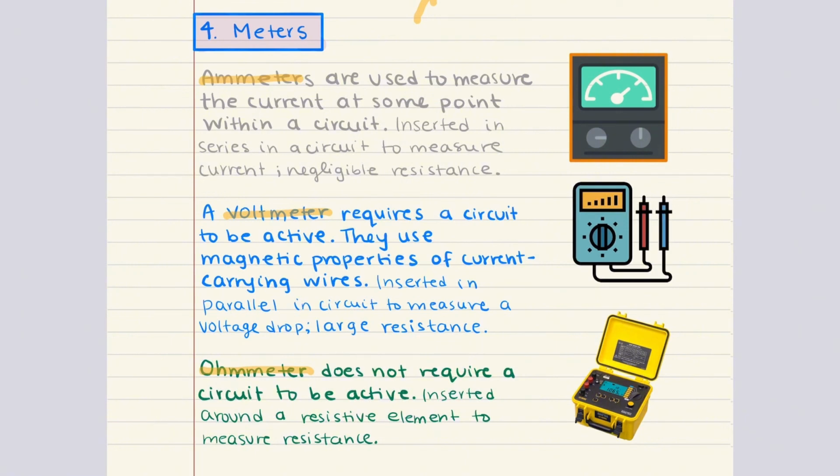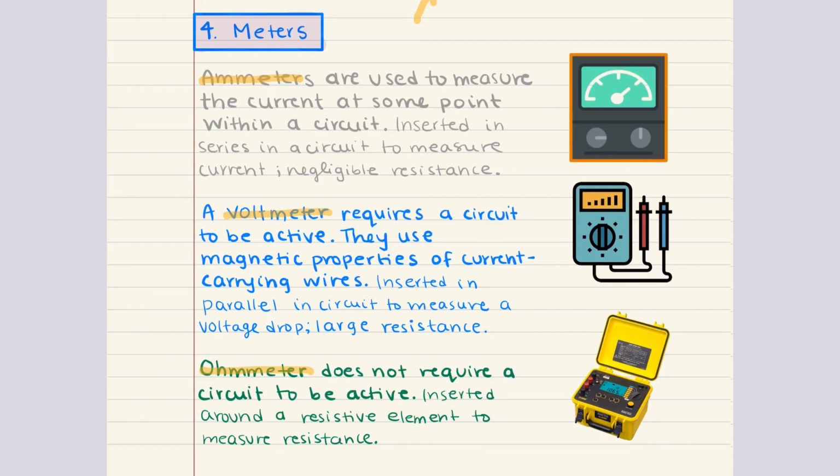Most ohmmeters have a built-in battery that applies a known voltage across the component being tested, and the meter measures the resulting current and uses Ohm's law to calculate the resistance. Since the goal is to measure a specific element, only one resistive component should be in the path being tested by this meter.